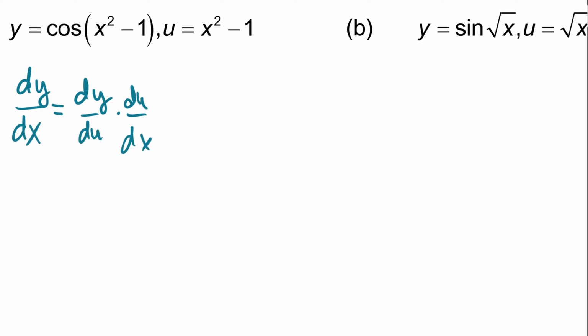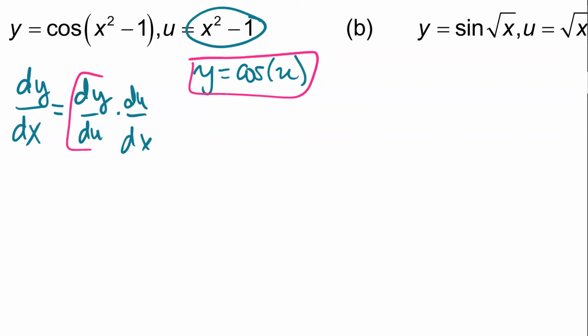So what does this mean? We said u equals x squared minus 1, so if I rewrite the equation, I have y equals cosine of u. What is the derivative of y with respect to u?